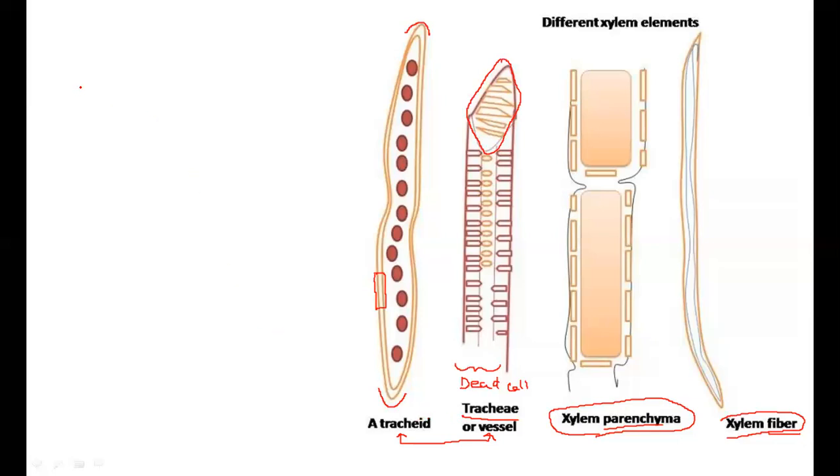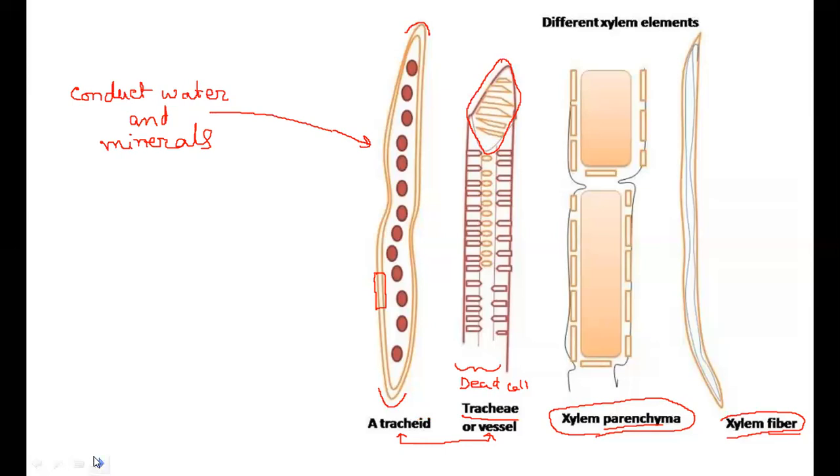So if we write the function here, we can also write: xylem conducts water and minerals, and this conduction is only performed by these cells, that is tracheid and trachea.